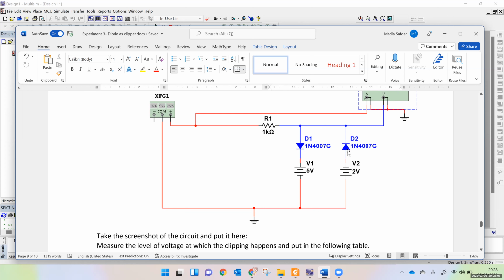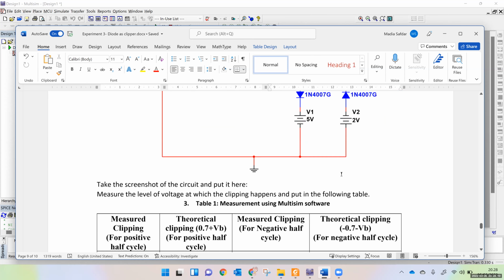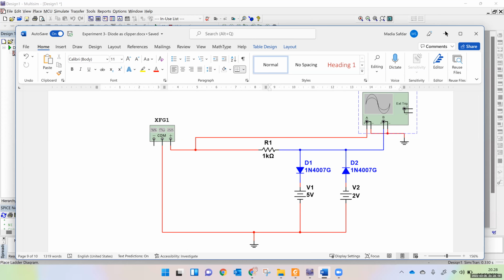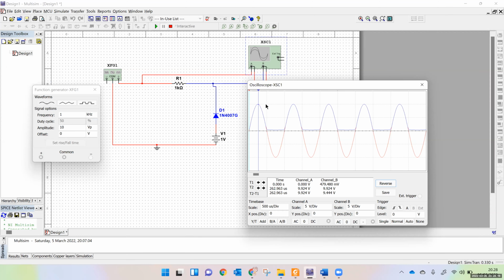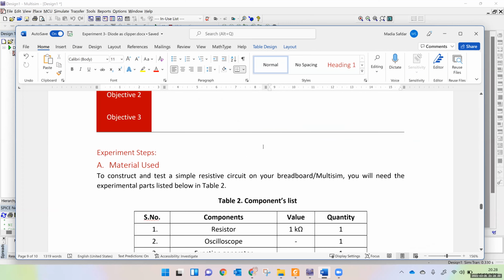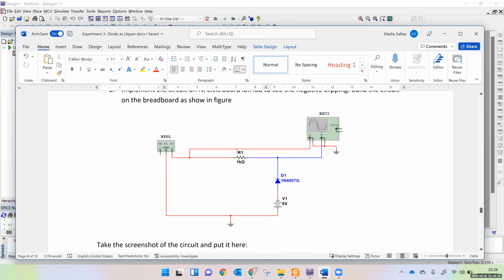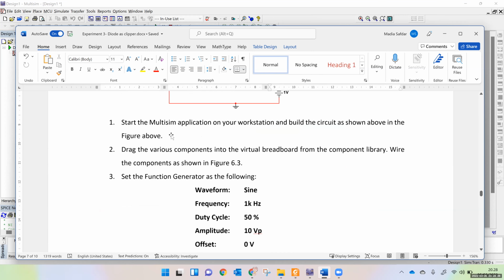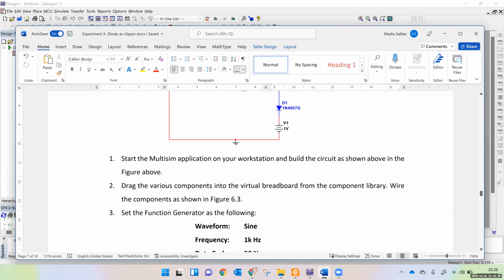One will be forward biased and one will be reverse biased, and in this one you will see that both the sides, positive and negative, will be clipped away. So please do the pre-lab first, the first one, which is the positive clipper, and then we will perform the other one during the lab session. Okay.